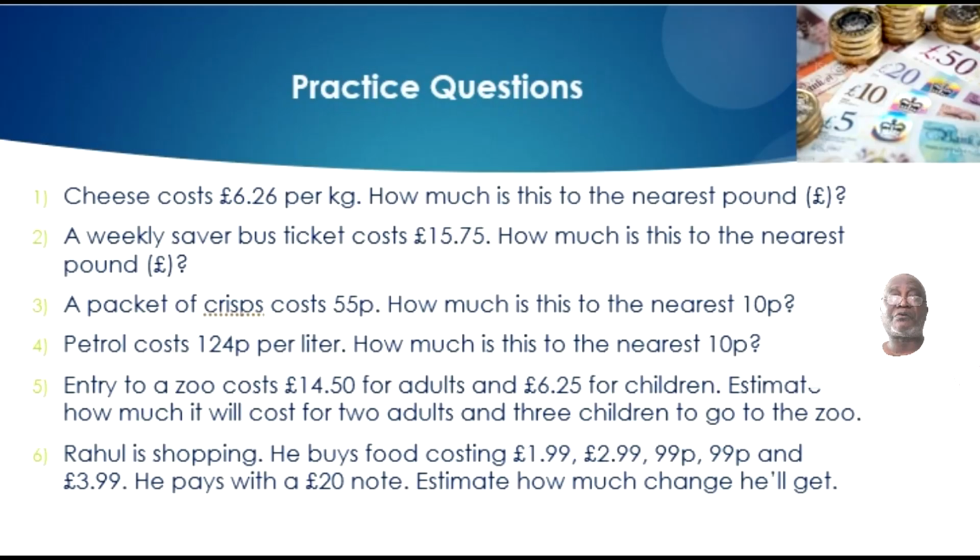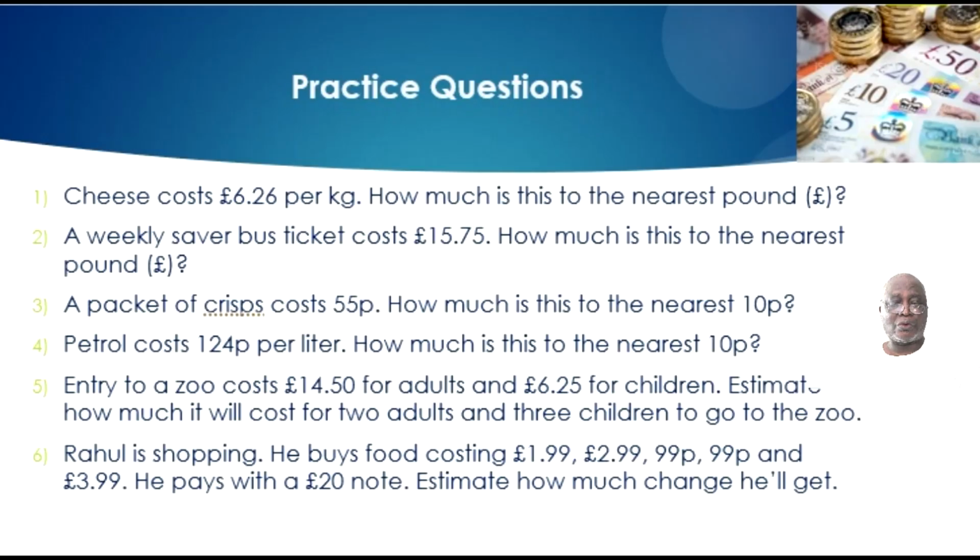If you have a number of items to round, then do them individually first before you do your calculation, as in question 6. Rahul is shopping. He buys food costing £1.99p, £2.99p, 99p, 99p, and £3.99p. That's 1, 2, 3, 4, 5 items.